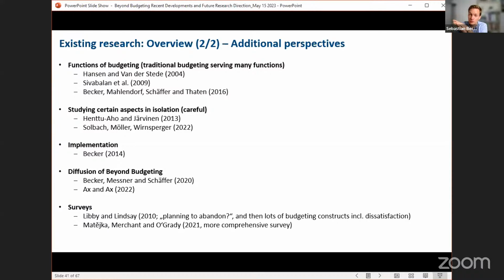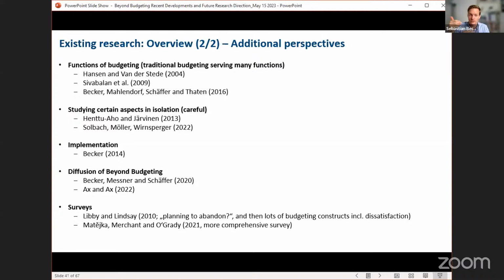So dissatisfaction with the current way of budgeting as a motivation, perhaps, to go elsewhere. So in this survey, however, they only asked, are you planning to abandon budgets? Yes or no, right? So I think I tried to say that it's not so easy to say Beyond Budgeting is, it's not a black and white question, 0 or 1, right?